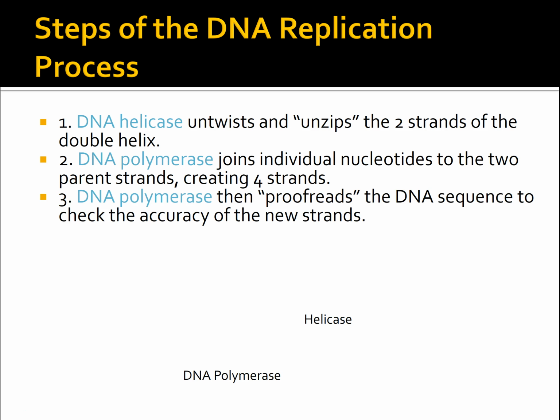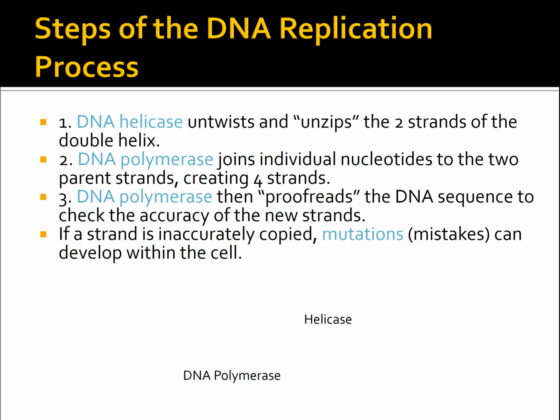Then the DNA polymerase proofreads the sequence to check the accuracy, because if any of those bases are wrong, we're going to have major problems. If a strand is inaccurately copied, mutations or mistakes can develop within a cell, and we'll talk more about that as we get into genetics.